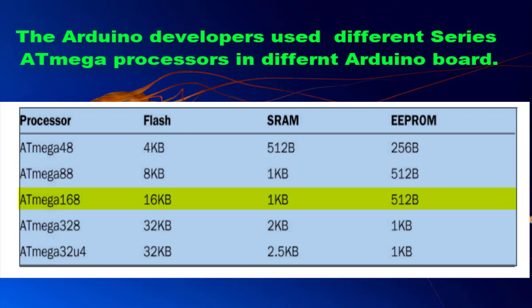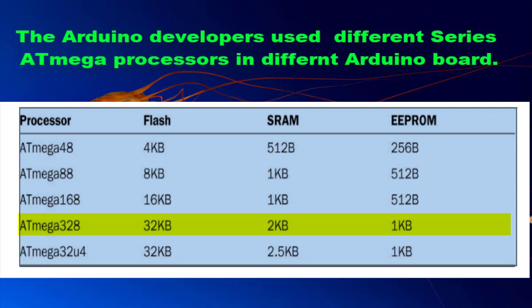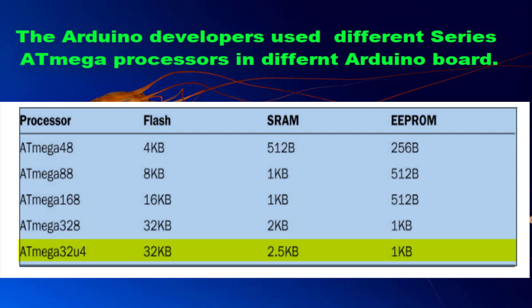The ATmega168 processor has 16 KB flash memory, 1 KB static random access memory, 512 byte EEPROM. The ATmega328 processor has 32 KB flash memory, 2 KB static random access memory, 1 KB EEPROM. The ATmega324 processor has 32 KB flash memory, 2.5 KB static random access memory, 1 KB EEPROM.